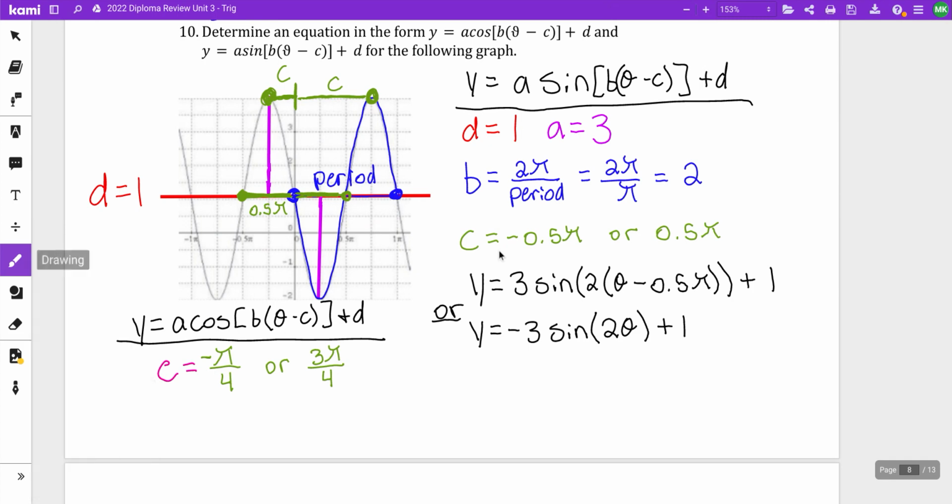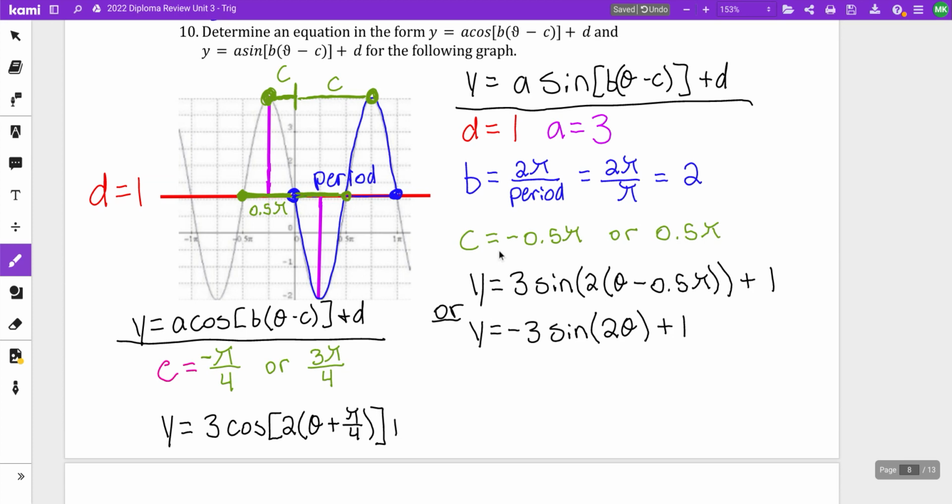Let's go with our answer: y equals 3 cos, square bracket, B value is still the same, it's 2 theta, let's go plus pi over 4, because I went to the left, so it was minus. Two negatives make a positive.